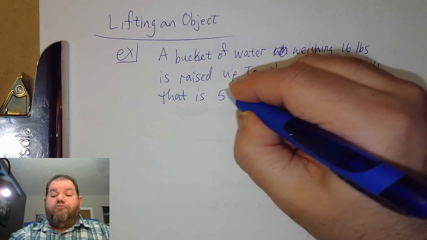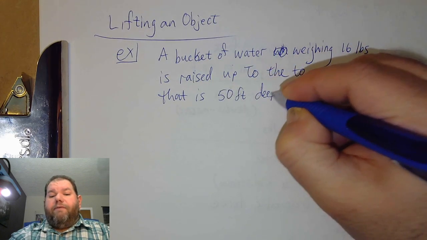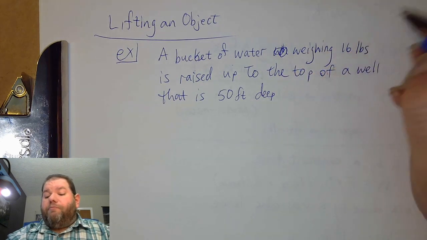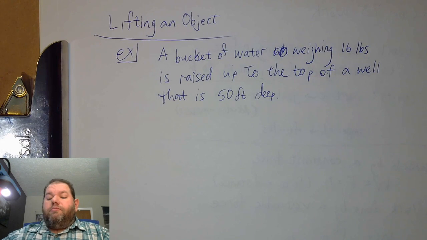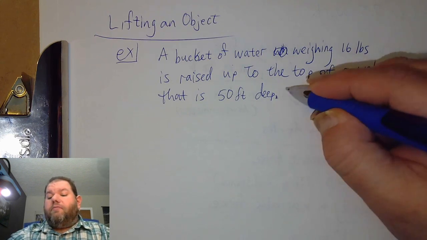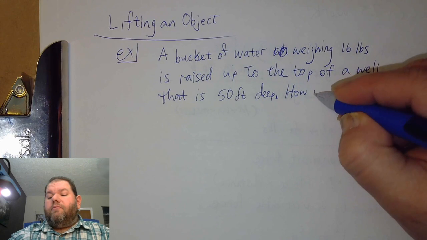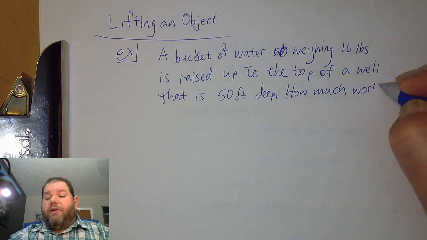It's pretty high up. I don't know if we have 50-foot deep wells. Anyway, how much work is done in lifting the bucket? Or how much work does this require, I guess is a better way of phrasing that.